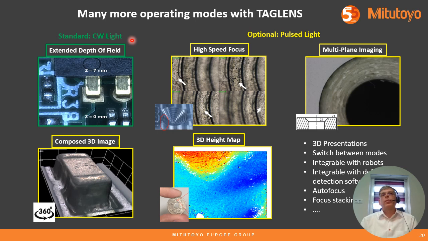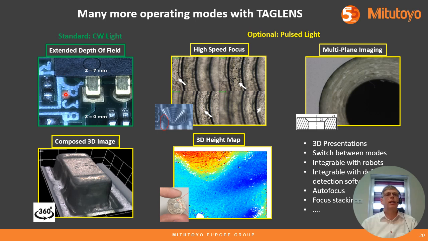So we see many different operation modes are possible with the TAG lens, and the possible modes are mainly distinguished by the different kinds of illumination. Using a standard light source, a CW continuous light, the main feature of the TAG lens is generating an extended depth of field, all in focus images.